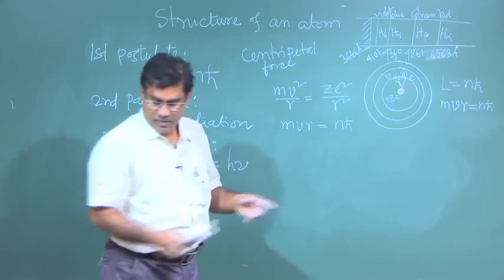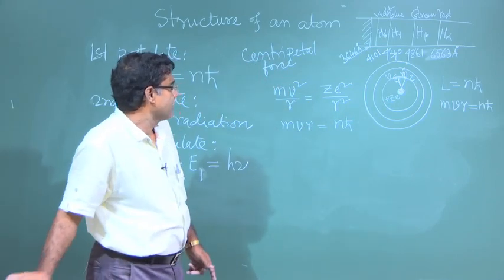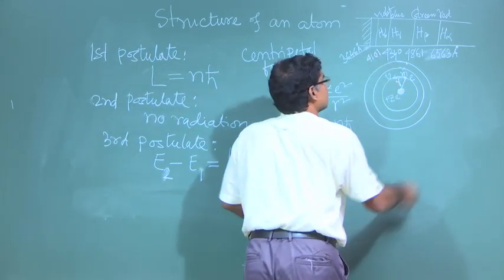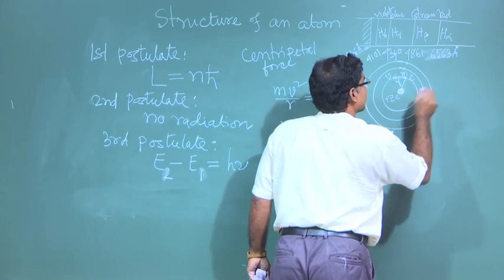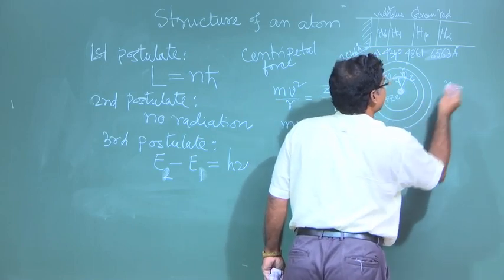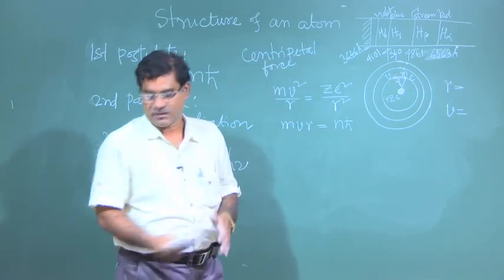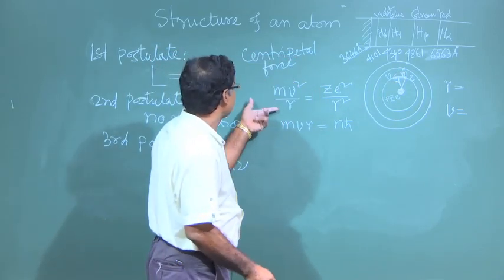Okay. So, from here we can get the expression of the radius r and the velocity of the electron in the orbit. So, it is simple, you can find out.